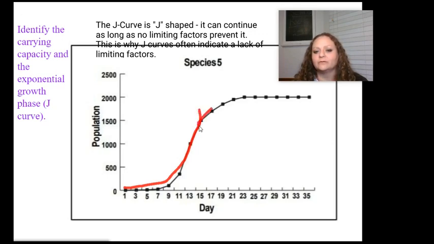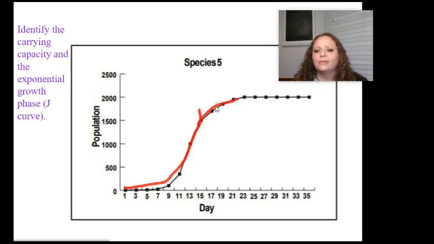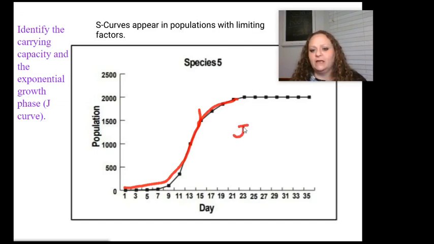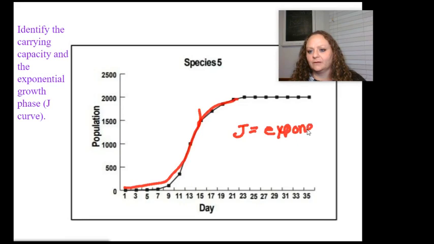Because our growth levels off and starts to slow down, this whole curve is referred to as the S curve. So J curve means exponential growth. S curve indicates what we would refer to as logistic growth.